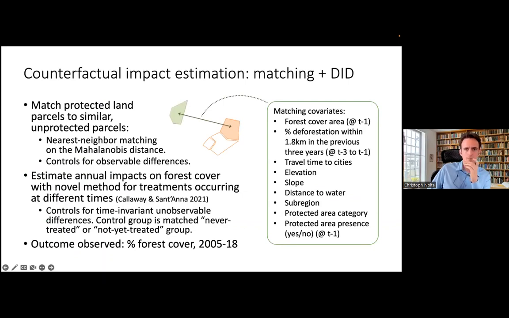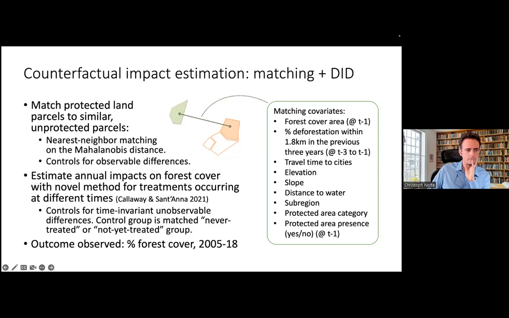So to understand the causal impacts of these interventions, we combine matching plus difference in differences. This combination of methods generates results that are most similar to experimental methods, although we are using observational data.